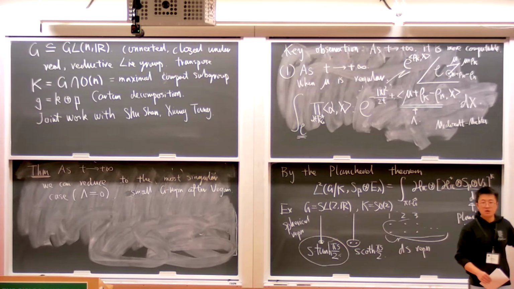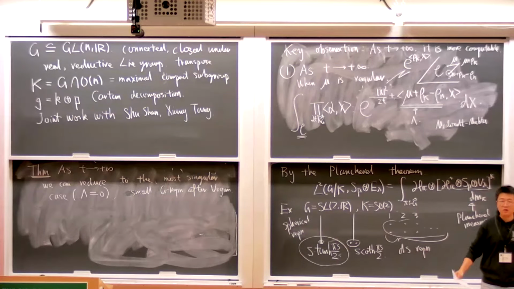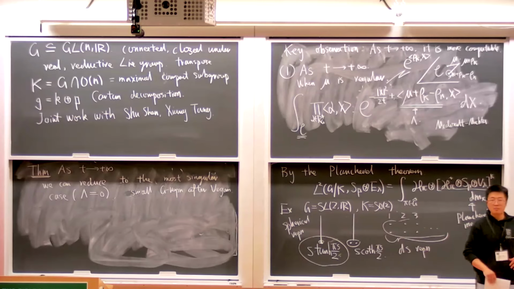I didn't show you the computation for B2, say Sp4, but the computation is the same, and you can reduce the general case to products of A1 and B2. This is how we recover the Plancherel measure for the singular case. And I think I should stop here. My time is up. Thank you.